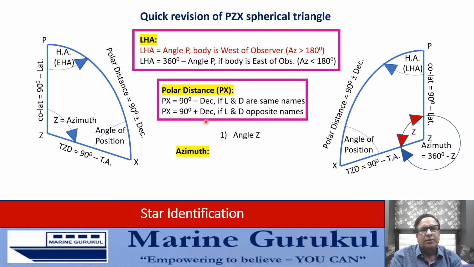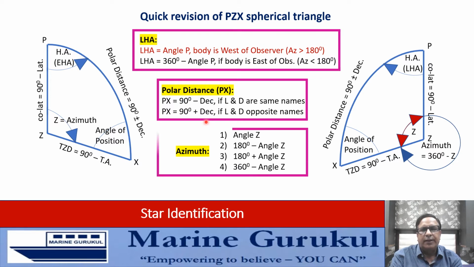And lastly, let us see how azimuth gets linked to angle Z. We could have these four options. Azimuth may be equal to angle Z as in the diagram to the left. Azimuth may be 360 degrees minus angle Z as in the diagram to the right.